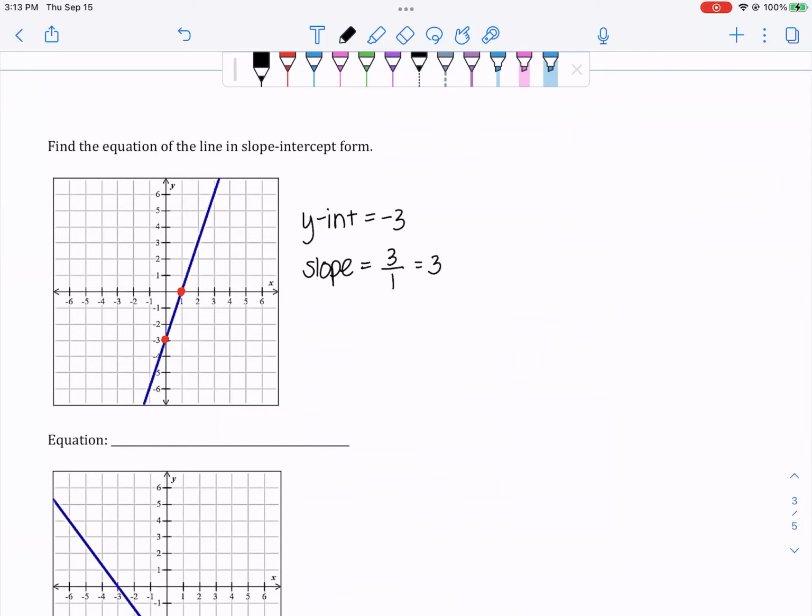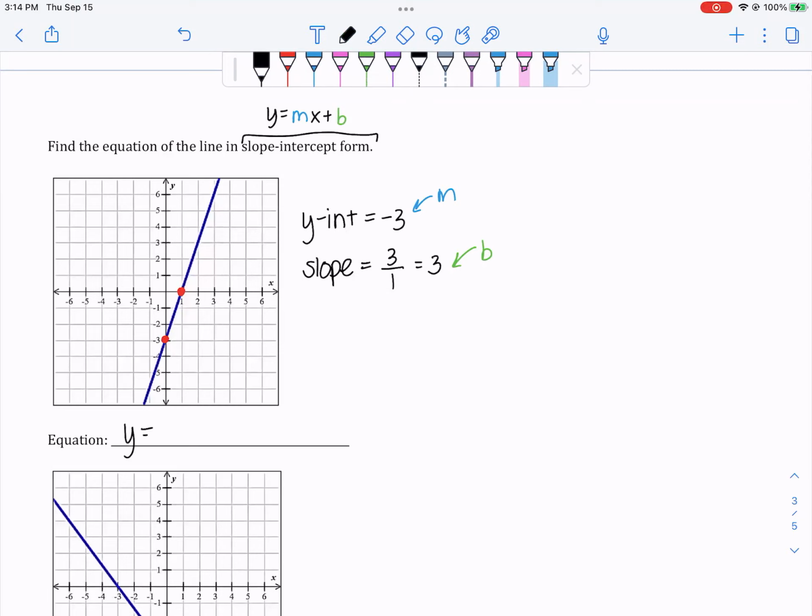So my slope is 3. So this is my M value. This is my B value, and slope-intercept form is y equals mx plus b.